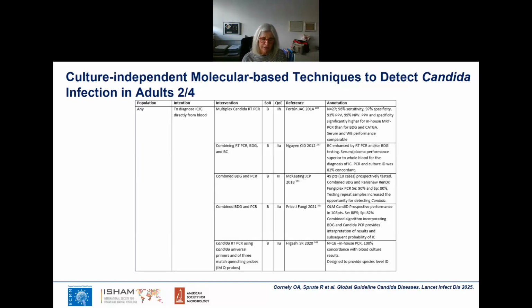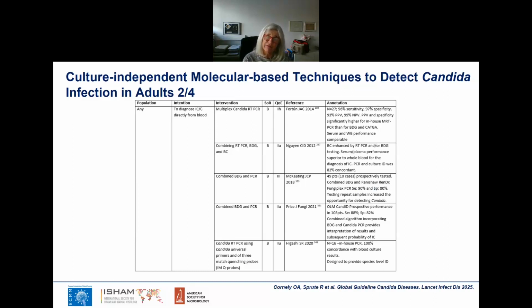Completely different is the usage of culture-independent molecular tests, which are designed for direct testing of blood, of serum, of plasma, and other clinical specimens.